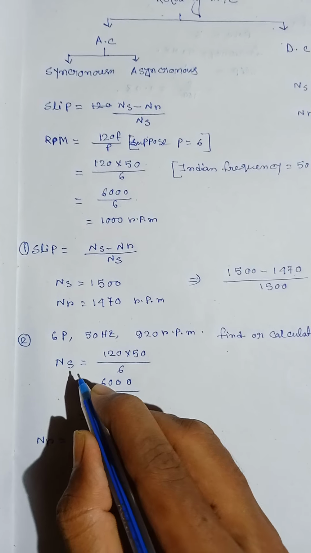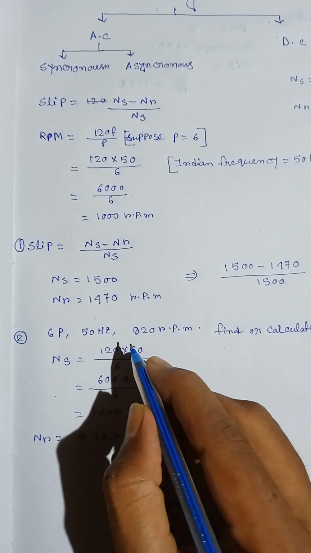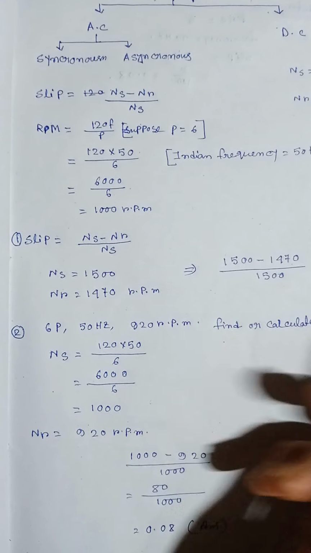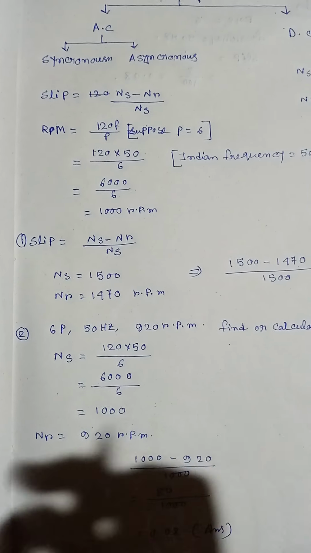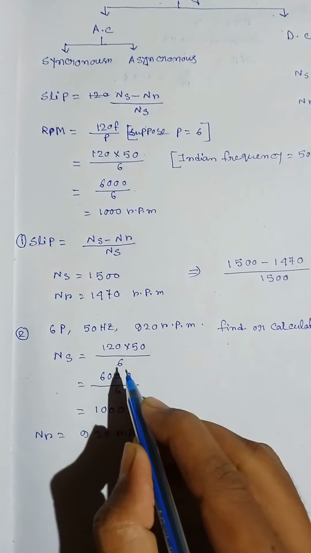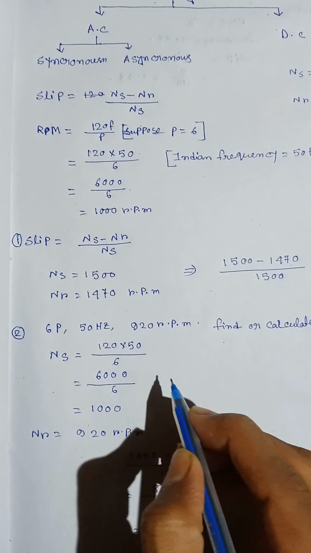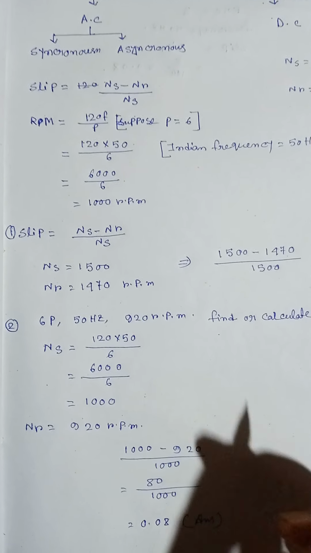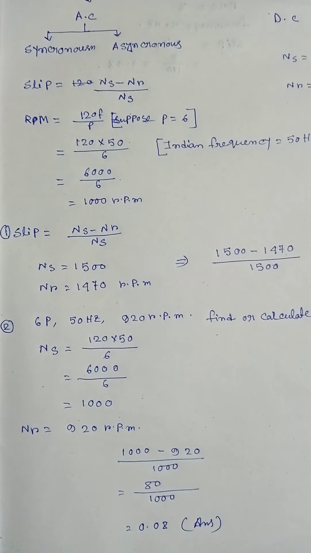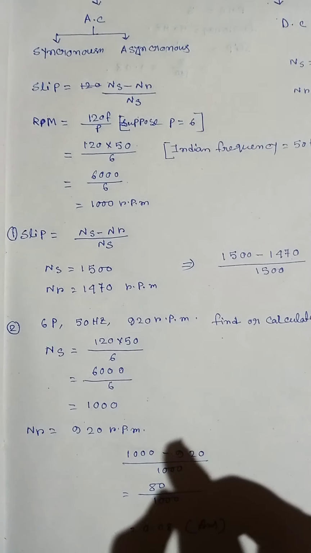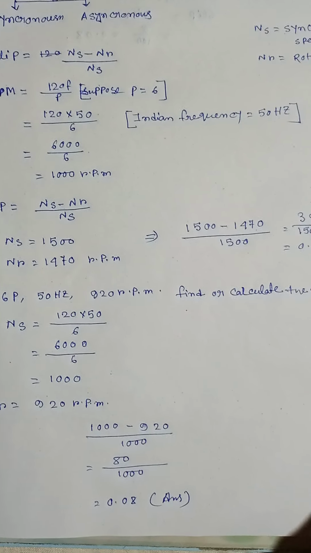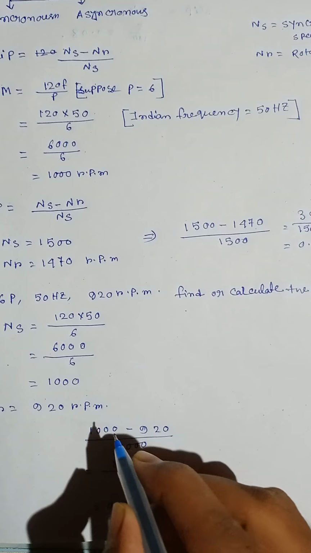As we know, ns equals 120 f by p, so 120 into frequency 50 divided by p, we consider p is 6, so we can divide it, and the ns is 1000.